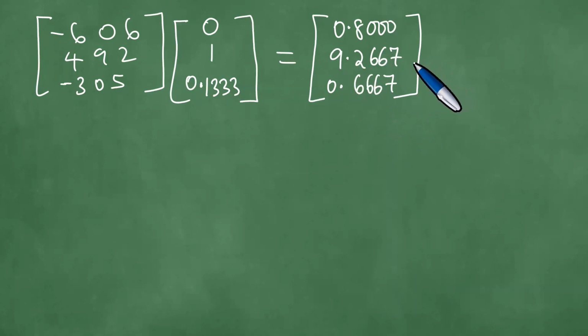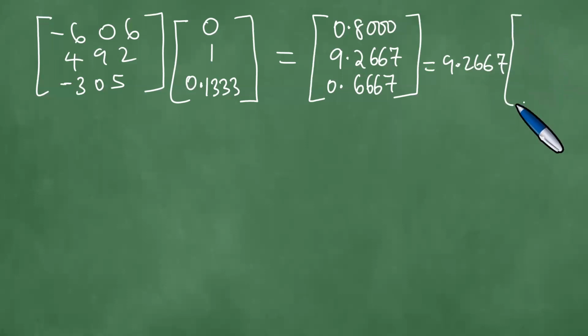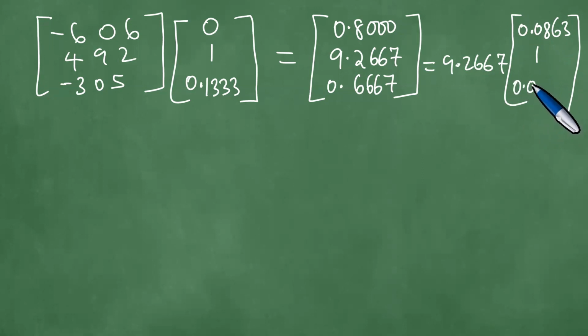And now it is clear that it is this one, 9.2667. Which is 0.0863, 1, 0.0719, like this.